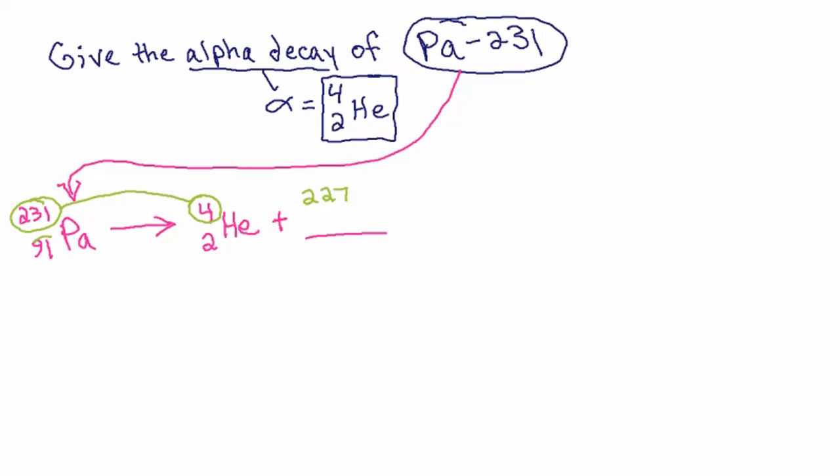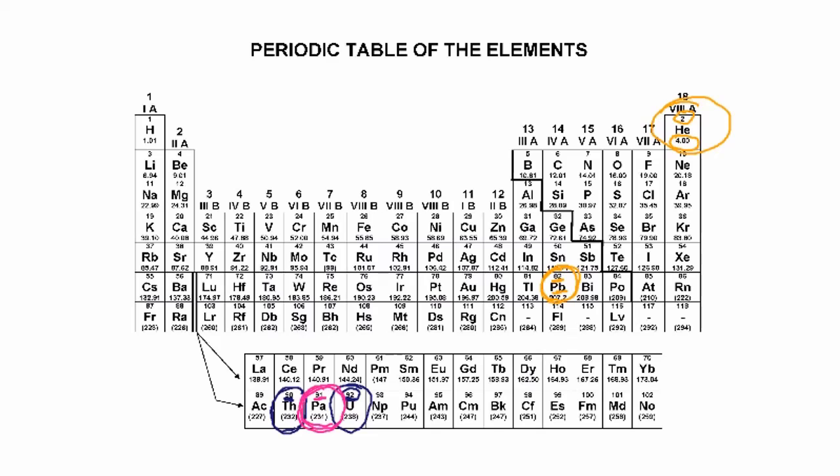And then we look at the bottom here, we have 91 protons here, that's the atomic number, and we have 2 already accounted for in this alpha decay, giving off this helium atom, so we only need 89. So how do we find out what element that is? We go to the periodic table and we look for 89. So 89 is right here on the very bottom left of the 2 separate rows, and that's Ac.